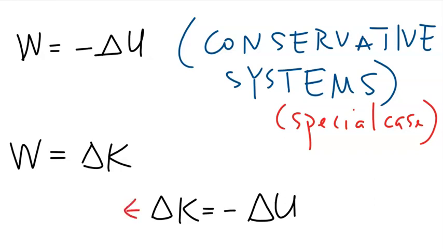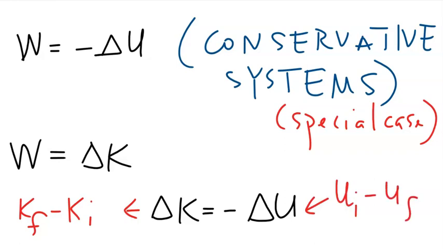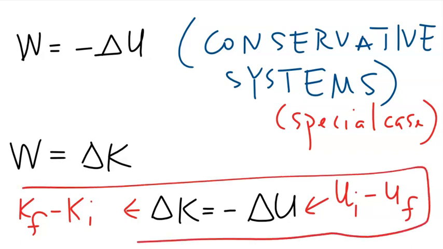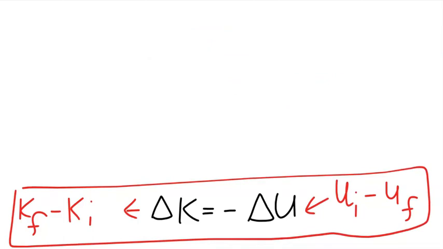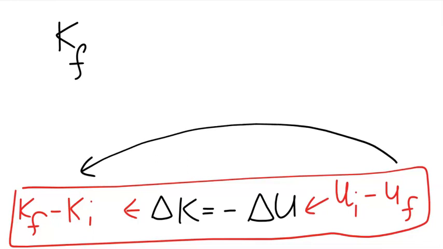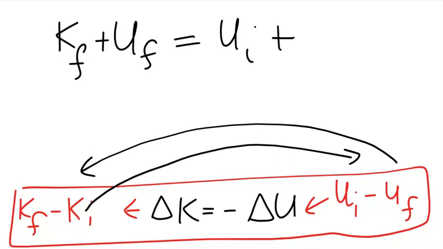And since the change in kinetic energy is the final kinetic energy minus the initial kinetic energy, and minus the change in potential energy is initial potential energy minus the final potential energy, now rearranging this expression, we get the final kinetic energy, bring the final potential energy to this side, it becomes the final kinetic energy plus the final potential energy equals the initial potential energy, bring the initial kinetic energy to that side, plus initial kinetic energy.